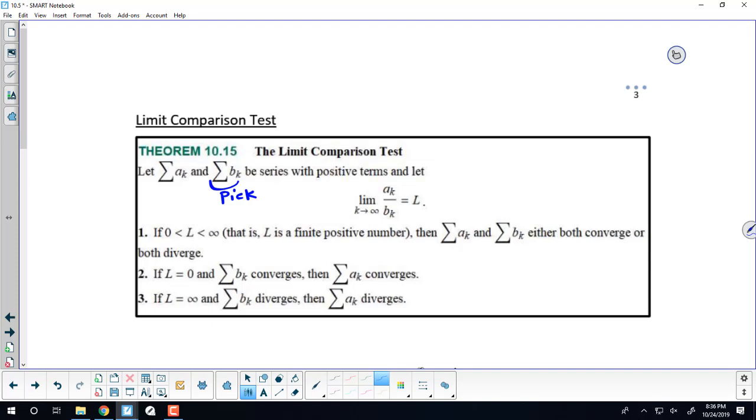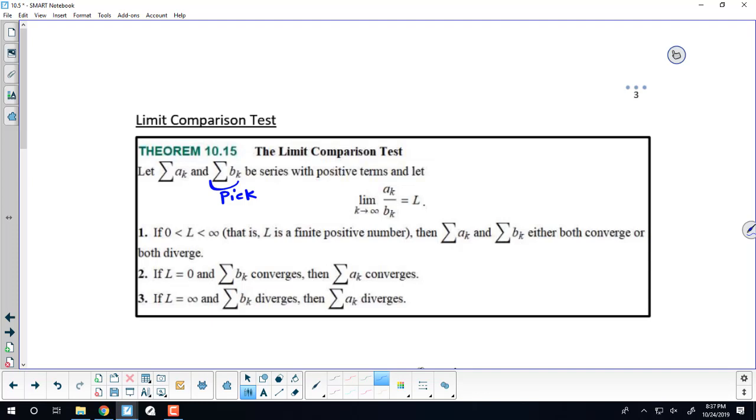Do we know if it converges or diverges? But in this instance, we're not going to compare them directly and worry about which one's larger or smaller. All we're going to do is look at the limit at infinity of their quotient and see what that limit turns out to be. Based on what that limit turns out to be, situation 1, 2, or 3 tells us if it converges or diverges.